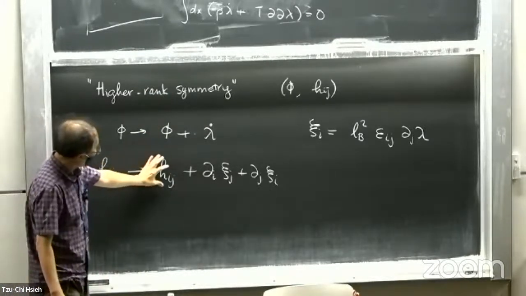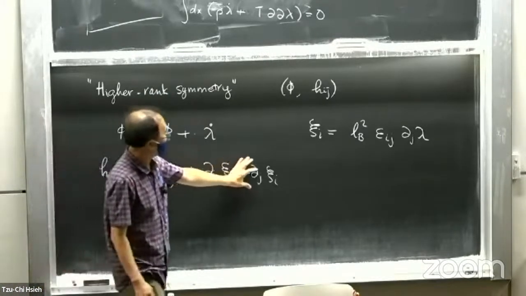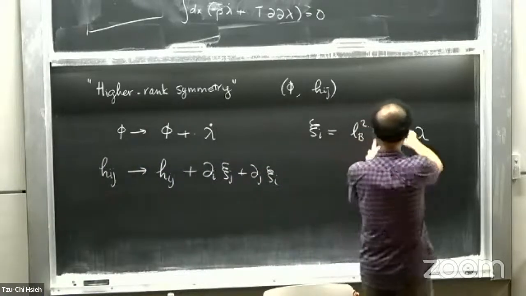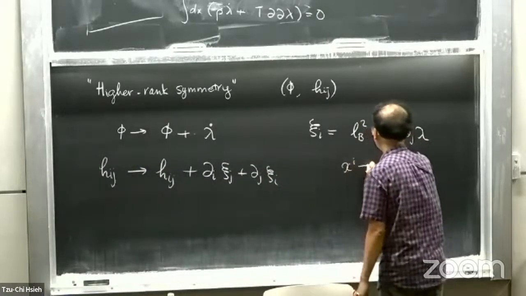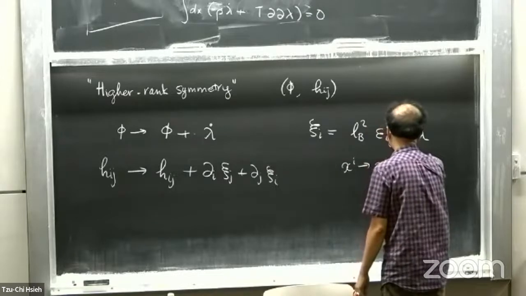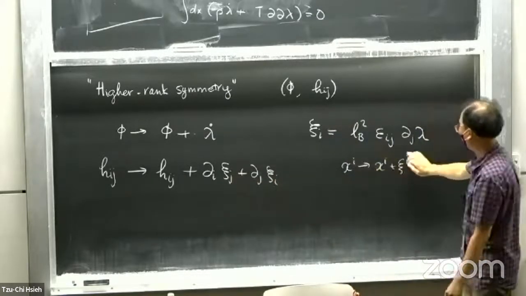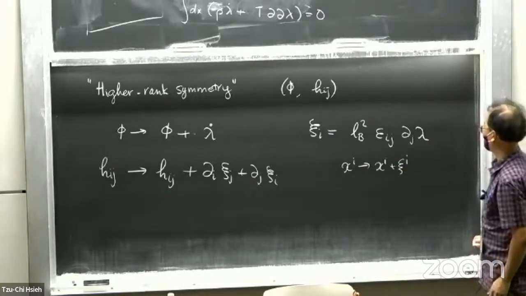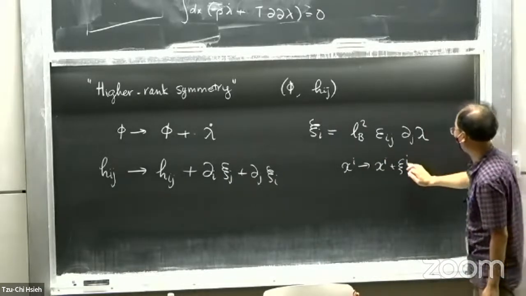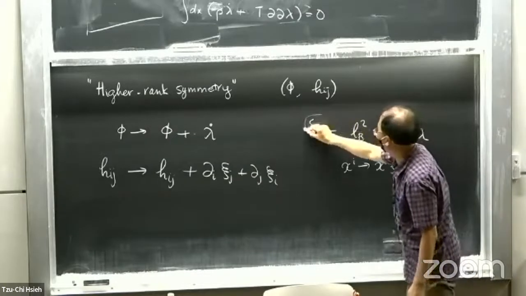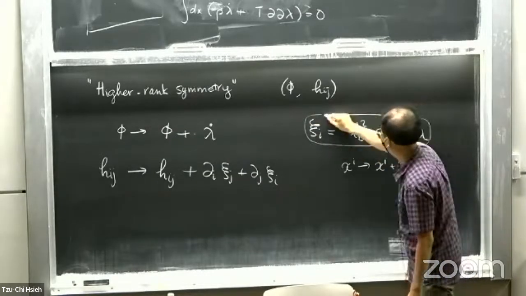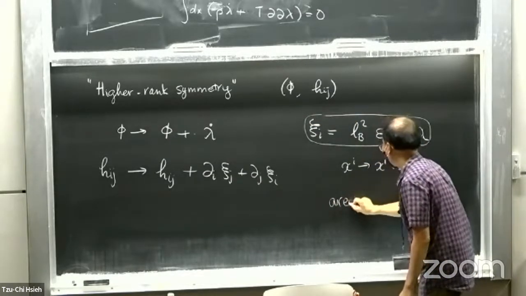Instead, there is a metric tensor that transforms as if the coordinate is shifted, x_i goes to x_i plus psi_i. That's how the metric transforms under this coordinate transformation. So the coordinate transformation here turns out to be area preserving.